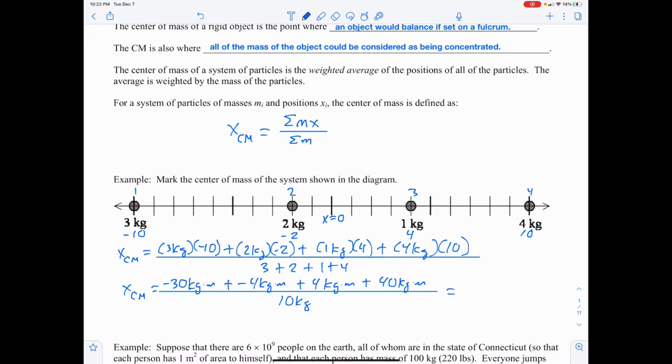Okay, well, this one's kind of easy. The -4 plus 4 cancels, and -30 plus 40 would, of course, be 10 kilogram meters, and that's divided by 10 kilograms. You can see that part cancels, and 10 divided by 10 means that the position of the center of mass of this 4-mass system would be located at 1 meter.